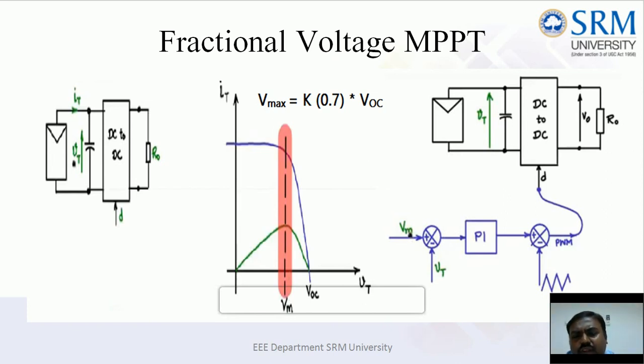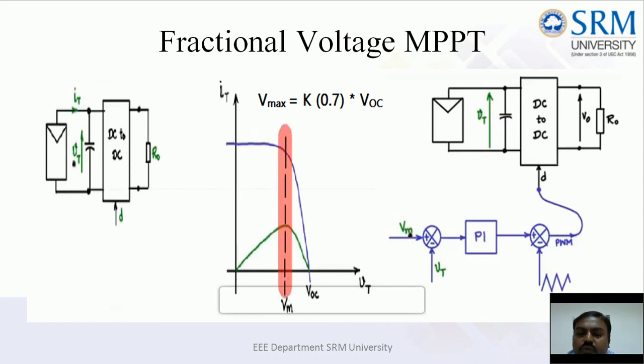You can do a fractional current MPPT algorithm also. When you look at the IV curves in my slides on the previous pages, you can see that around 0.85 to 0.9 of ISC will be your IMP.